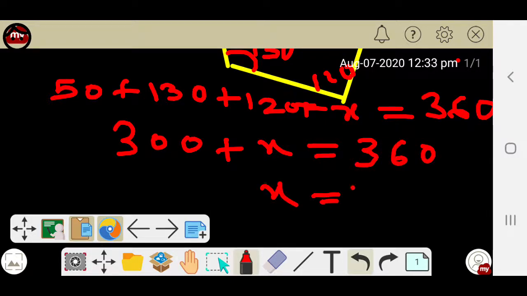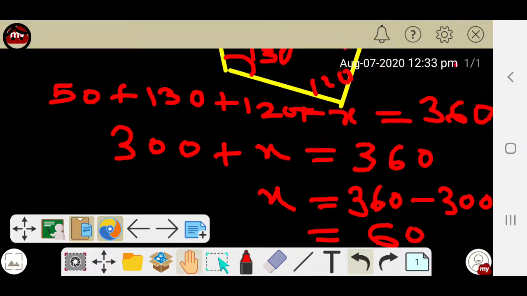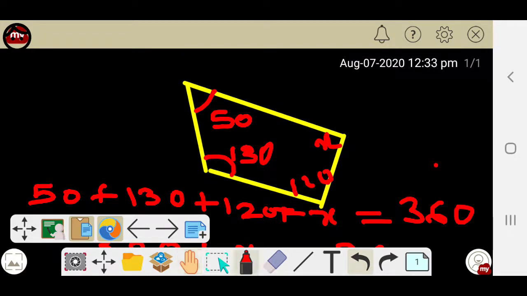Then x is 360 minus 300, which is 60 degrees. So the value of x equals 60 degrees.